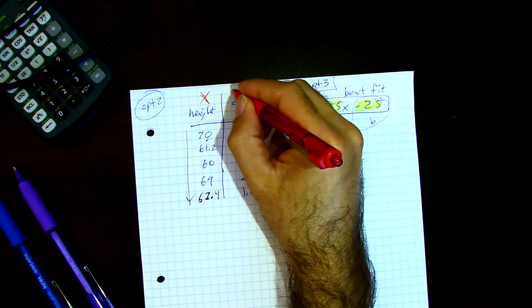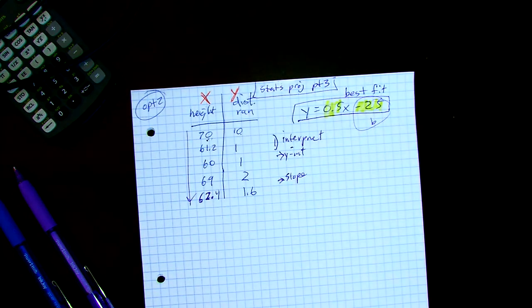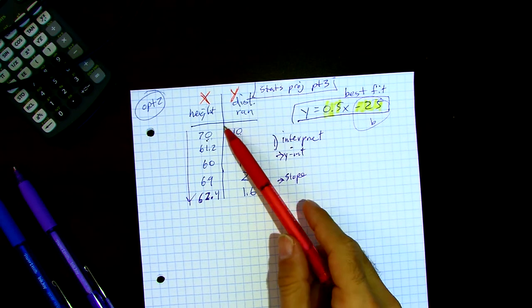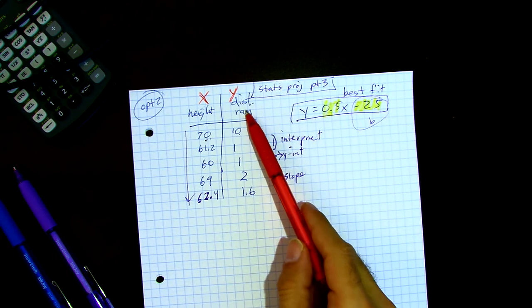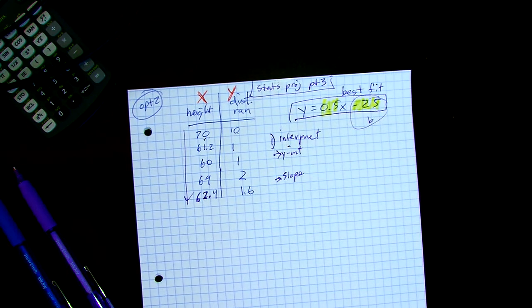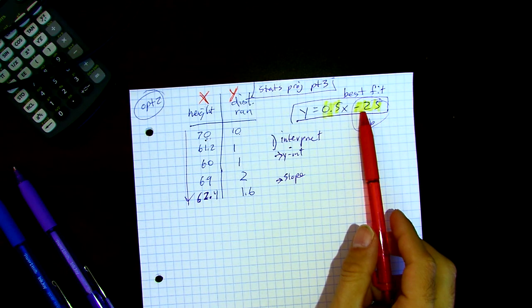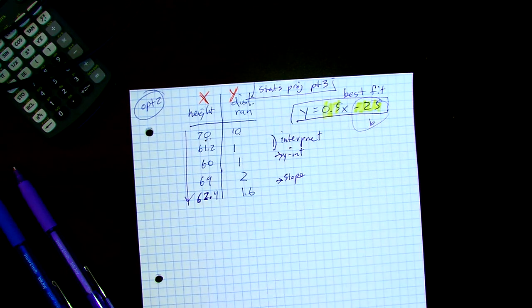Distance ran is going to be our y. So if the y-intercept is negative 25, that would mean that if you're 0 inches tall, then you run negative 25 miles. How the heck? I mean, maybe we're talking about when, I don't even know what you're talking about.